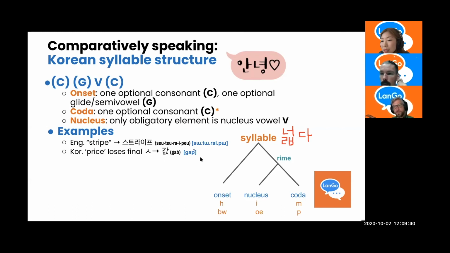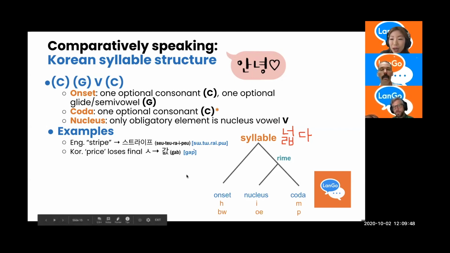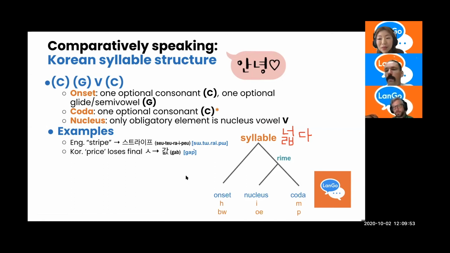Kap. Yes. If you had a following particle, like the topic marker, would you hear the S, kapsun? Yes, absolutely. If you have the topic marker, you would hear kapsun. So that sound would, like Peter mentioned, travel over to the next syllable to conform to the syllable structure. You could also have kapshi with the subject marker there.